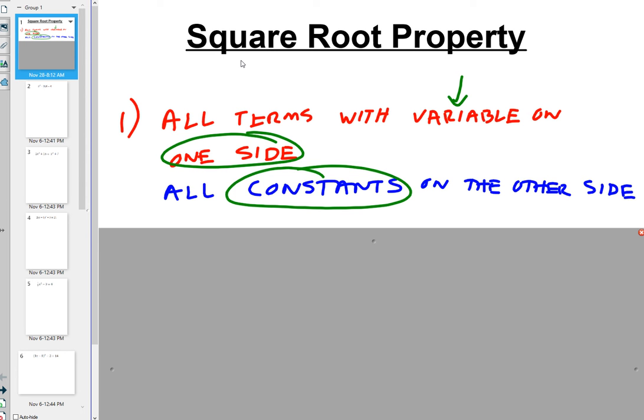If all the terms that have a variable go to one side, then what would end up on the other side? That's what I said, constants, but tell me what a constant is. The number that doesn't have a variable, a number that's by itself. Put that on the other side.